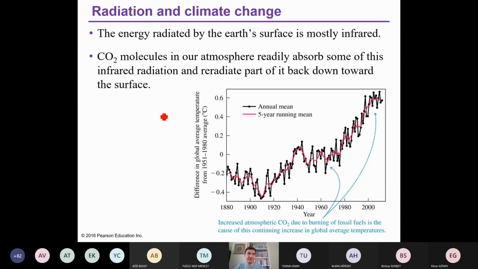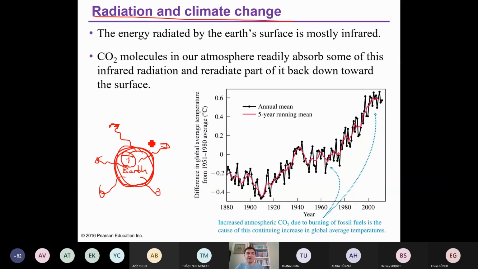This is the last transparency, radiation and climate change. Just consider that this is the Earth, and it has a certain mean temperature. Then it will radiate. Heat will be transferred from the Earth to space.